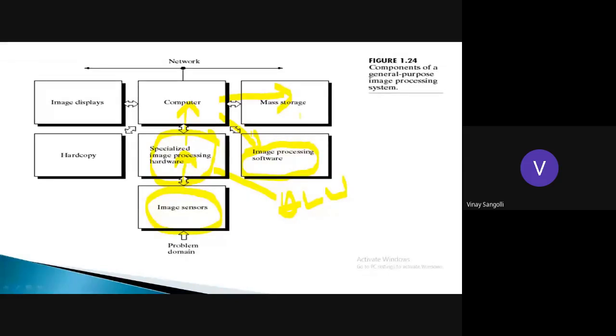Jatin, can you answer? Yeah, sorry, I was not seeing the chat. Yeah, it's an image, very good.